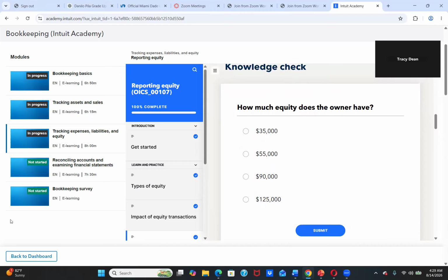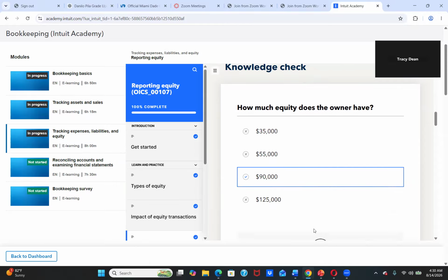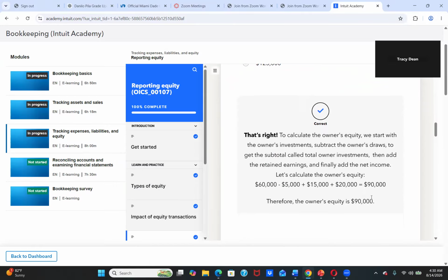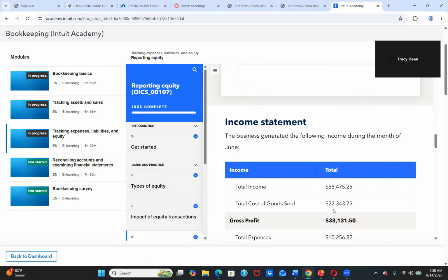How much equity does the owner have? Let's go ahead and select the $90,000. So that's the correct amount of money. And if you didn't see it in the first area, here it is calculated for you. Right at the bottom, it shows you how to calculate the owner's equity.